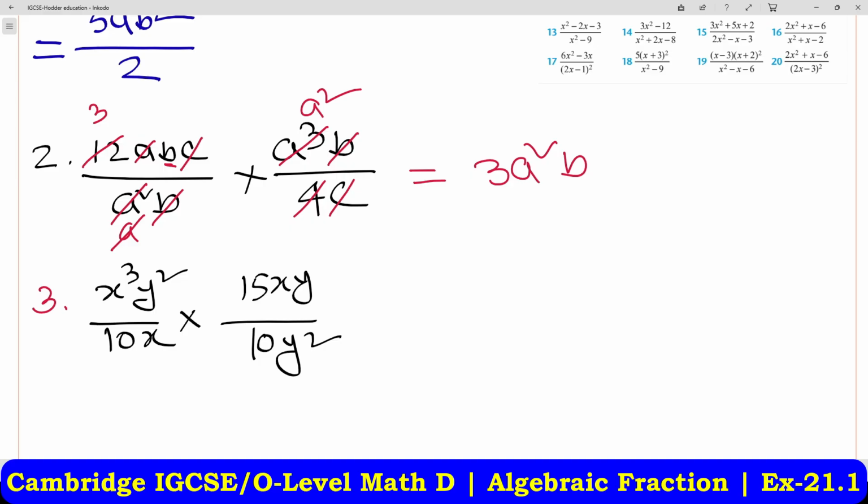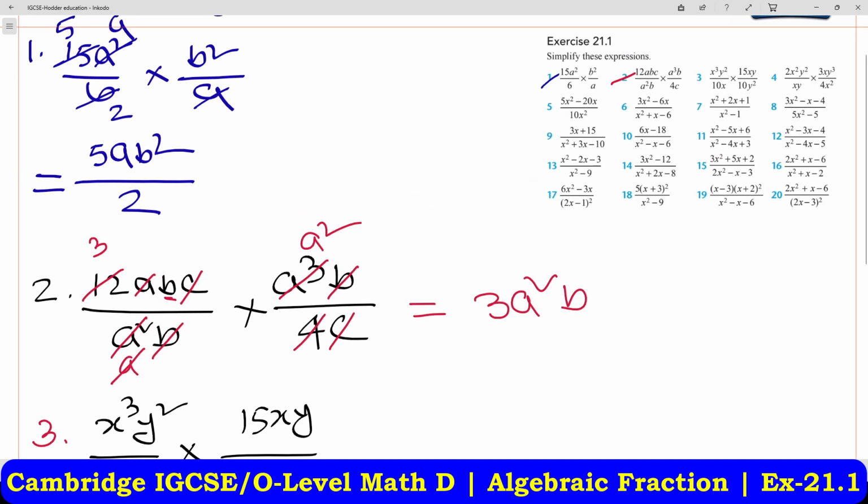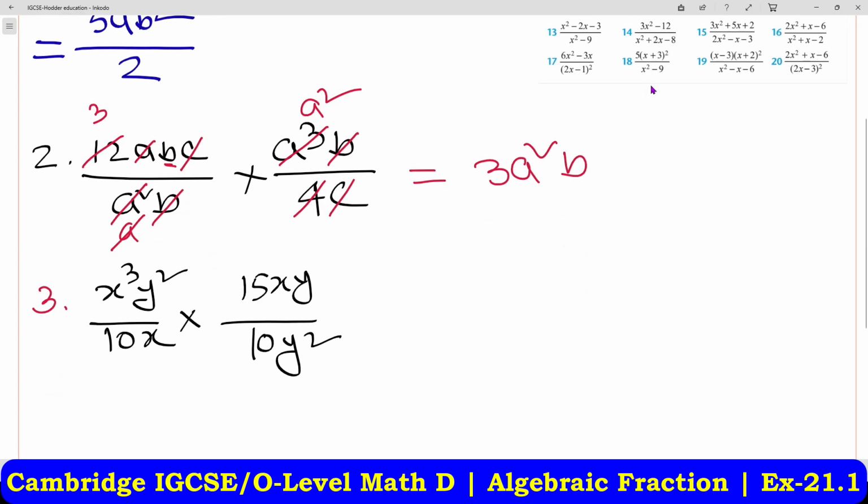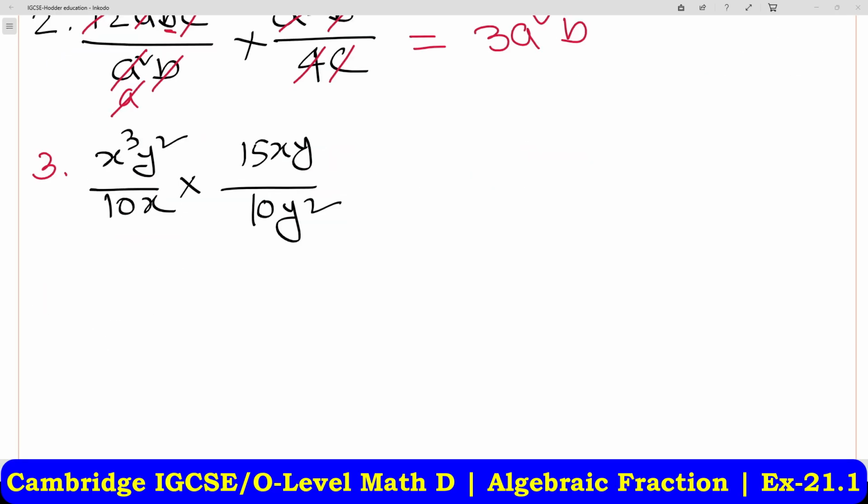How? Look, first here is x³y², 15xy ÷ 10x and 10y², right? First, this y² and y², once you divide, it has gone. x and x out.